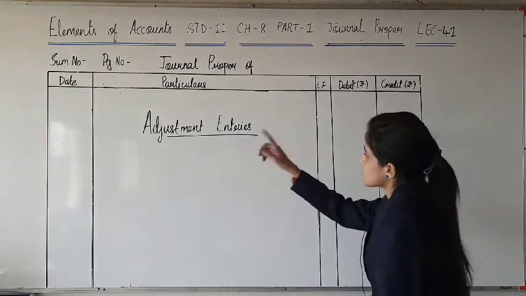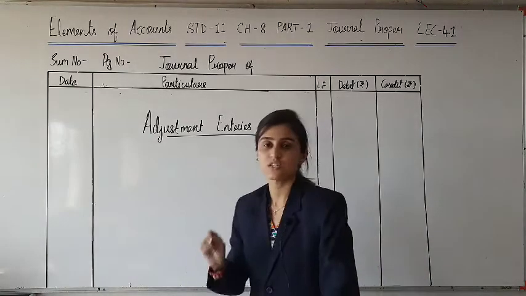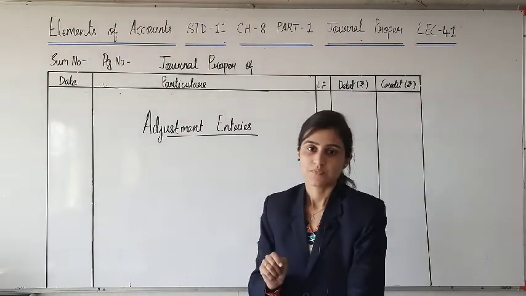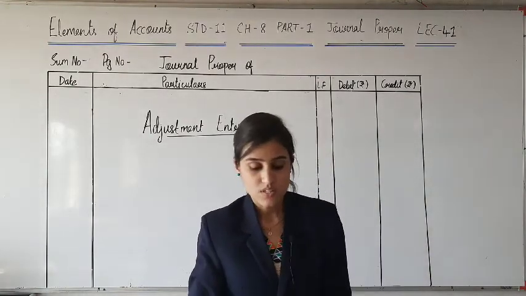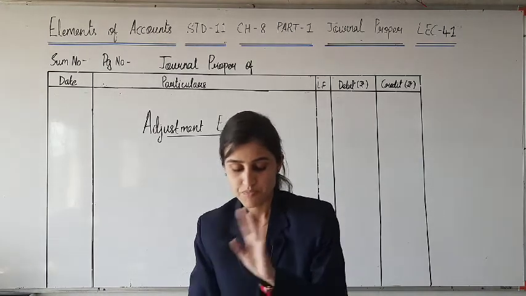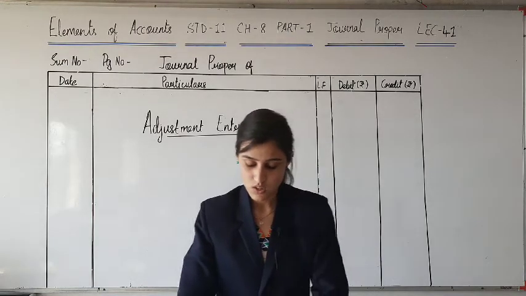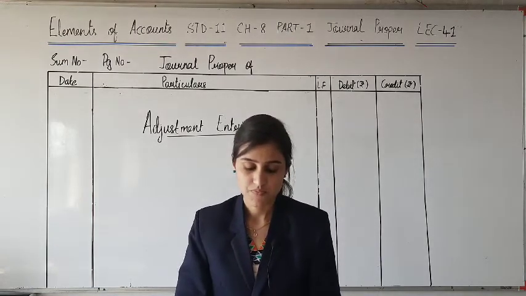Again, adjustment entries is an important topic, again related to annual accounts. So, closing entries is also related to the preparation of annual accounts, adjustment entries also. So, let us go in detail on page number 197.